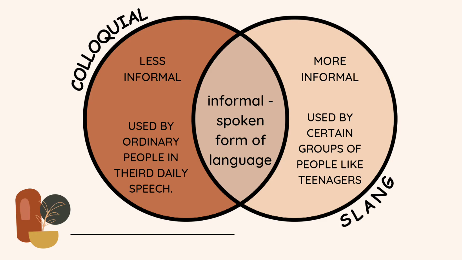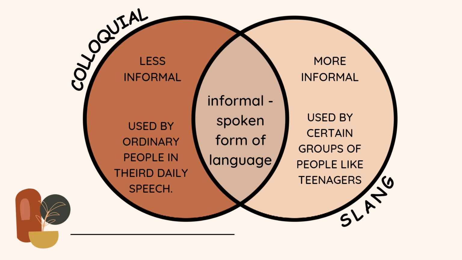So now, to have a deeper understanding about the difference and relationship of colloquial language and slang language, let me point it out to you by using a Venn diagram. So first, on the left side, we have colloquial language. Colloquial language is less informal and is used by ordinary people in their daily speech.